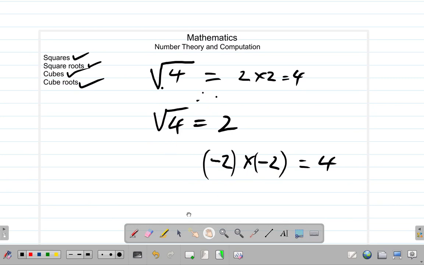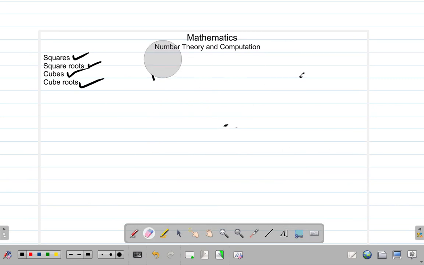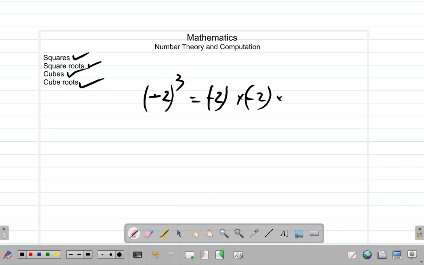So what about cube root? Let me see now. Cube and cube root. Negative 2 cubed means negative 2 times negative 2 times negative 2. That gives you negative 2 times negative 2, a positive 4. Positive 4 times negative 2 is negative 8. Okay, so you can find the cube root of negative 8.